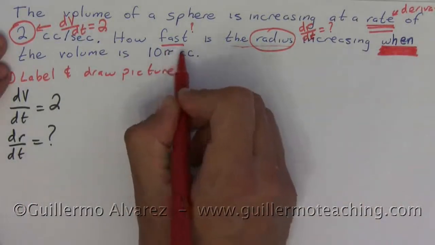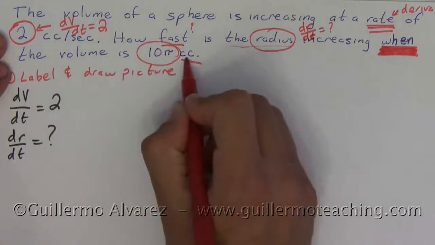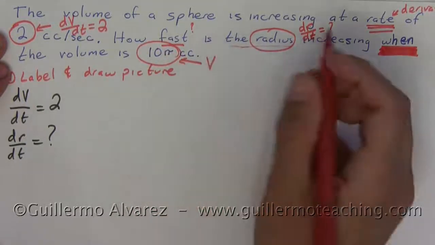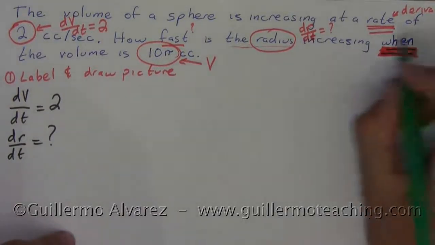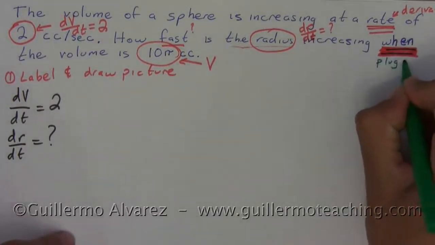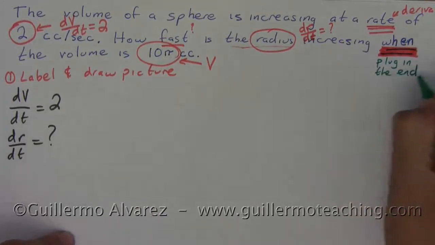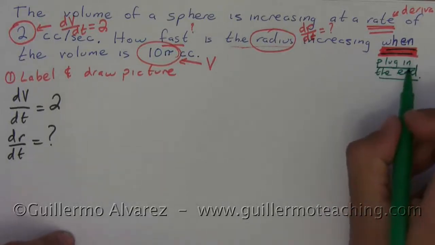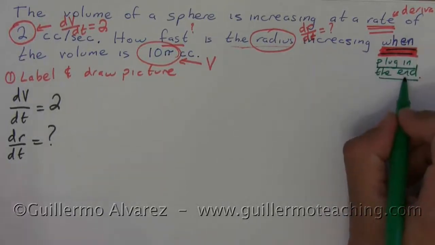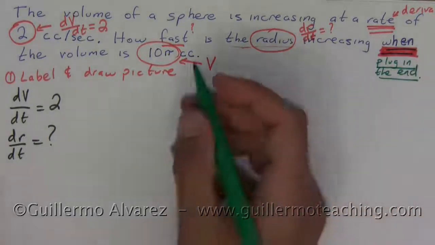And this is very important. The when value, which is 10 pi in this case, this is the volume. The when value, you always wait to plug it in the very, very end. Now this might not make sense right now, but later on you'll see if you try to plug this in at the beginning of the problem, you'll end up with complete and utter nonsense.